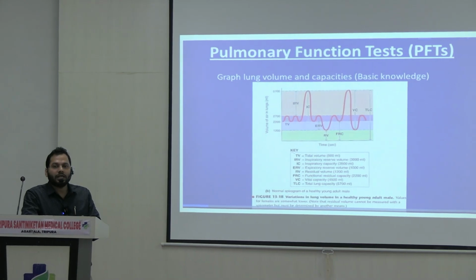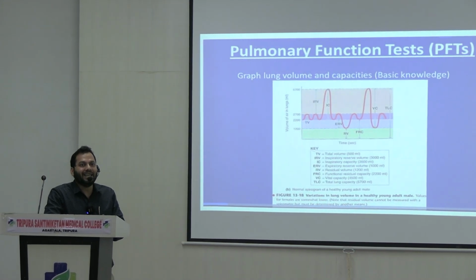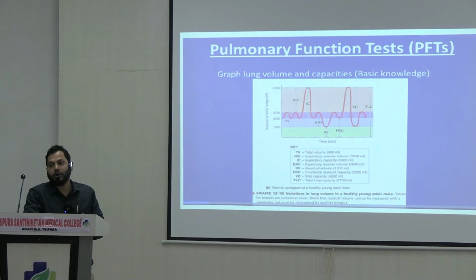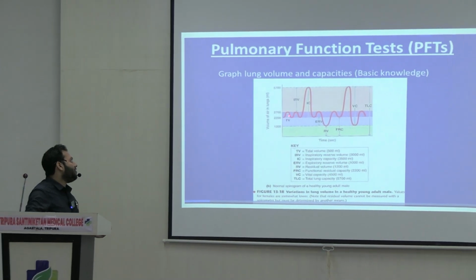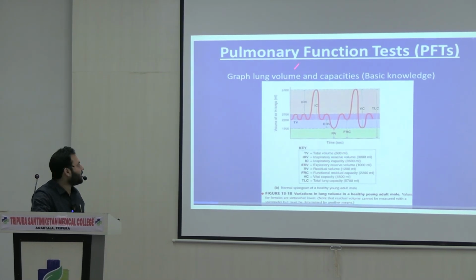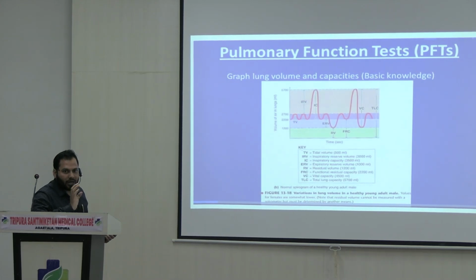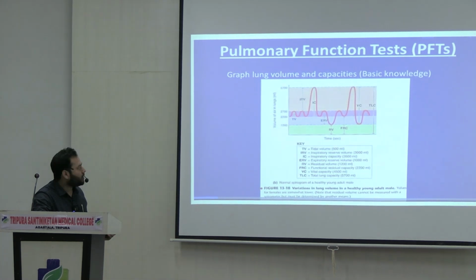We have a specific volume that we can inhale and exhale during the normal breathing process. So, what is the normal value of tidal volume? This is around 500 ml, right? This part is called inhalation and the downward part is called exhalation. So, what is the total amount of tidal volume? It is around 500 ml.